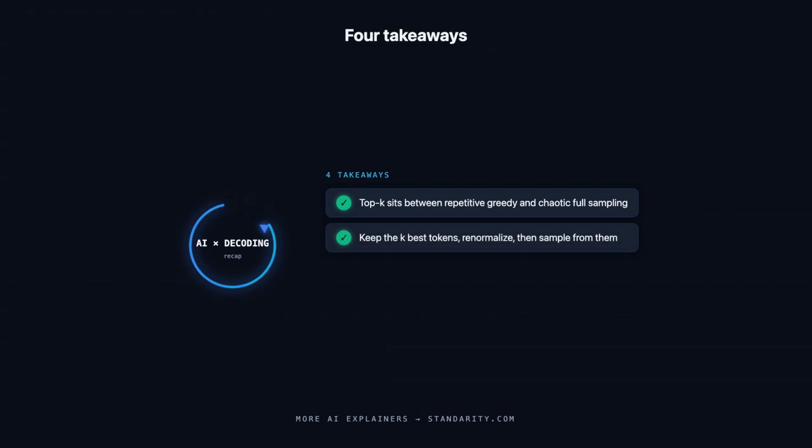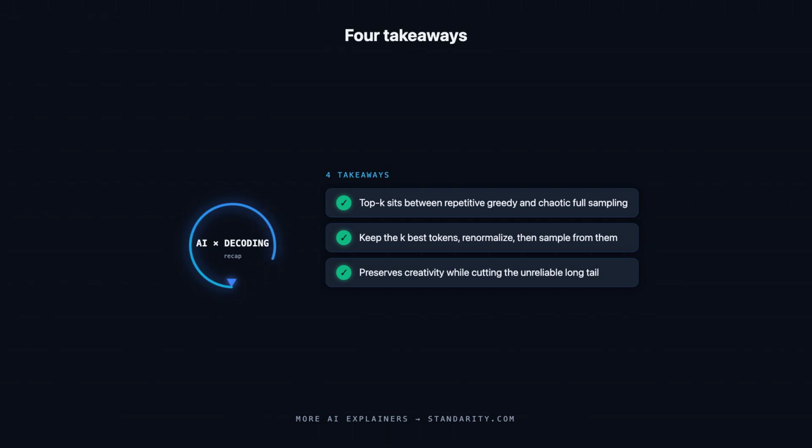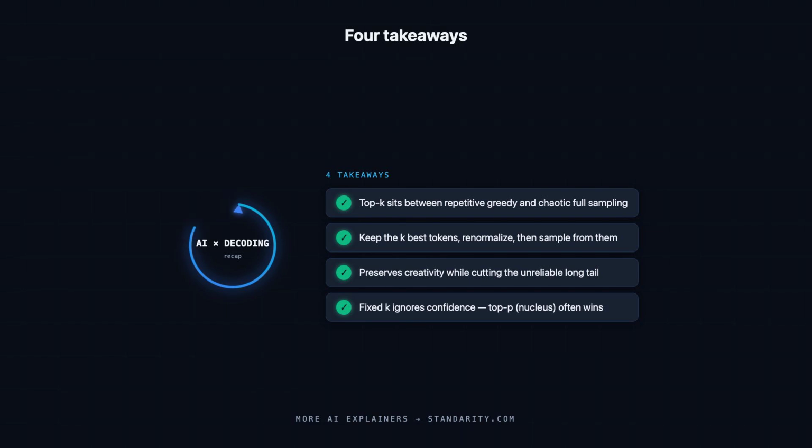At each step, it keeps only the K highest probability tokens, renormalizes them, and samples from that shortlist. That preserves creativity while cutting off the unreliable tail, and temperature is usually applied right alongside it to tune how sharp or flat the shortlist odds are before the draw. Its weakness is that K is fixed regardless of the model's confidence, which is why top P sampling often wins.